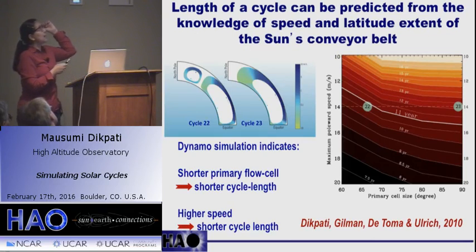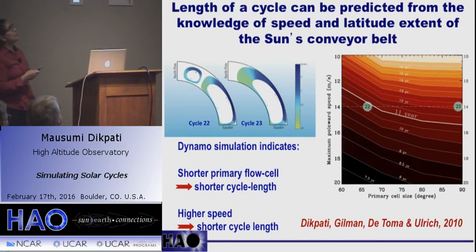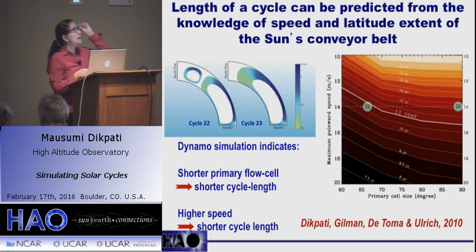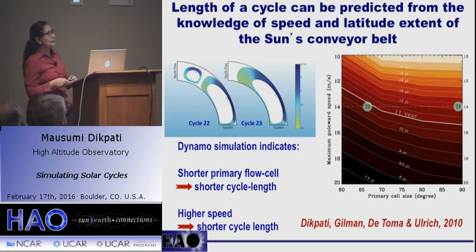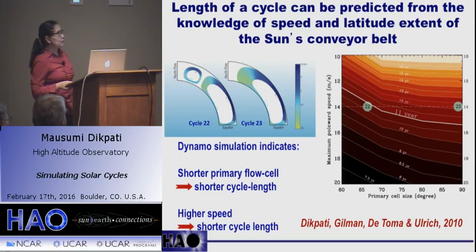Basically the length of a cycle can be predicted from the knowledge of the speed and latitude extent of the meridional circulation conveyor belt, and hence the onset of the next cycle can be predicted. In this diagram, the simulated dynamo cycle period has been plotted as a function of primary cell size of meridional circulation and as a function of maximum flow speed.